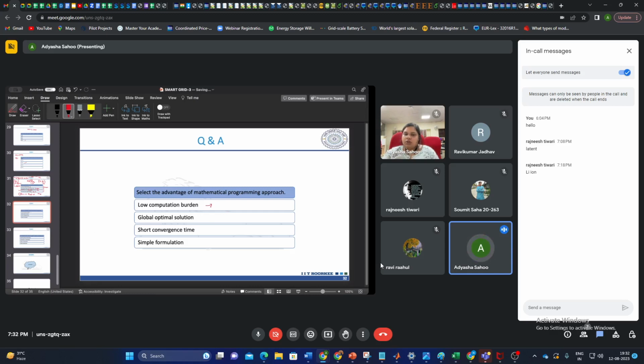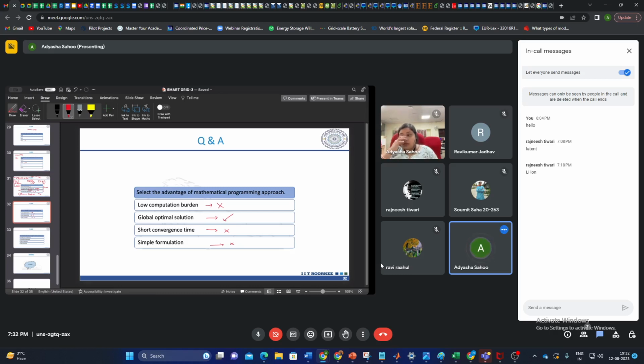So computational burden and convergence time, they are not even the same. But what they have is an accurate solution. That is, we can achieve a global optimal solution.